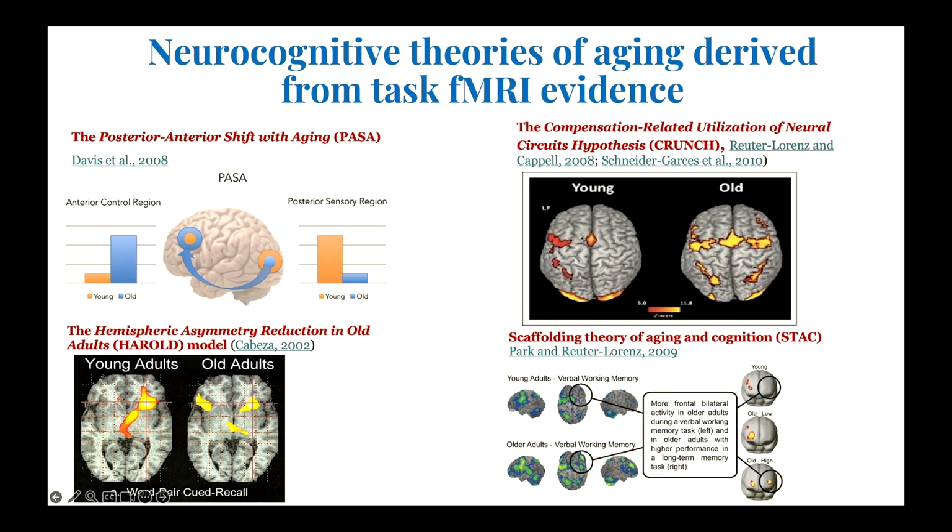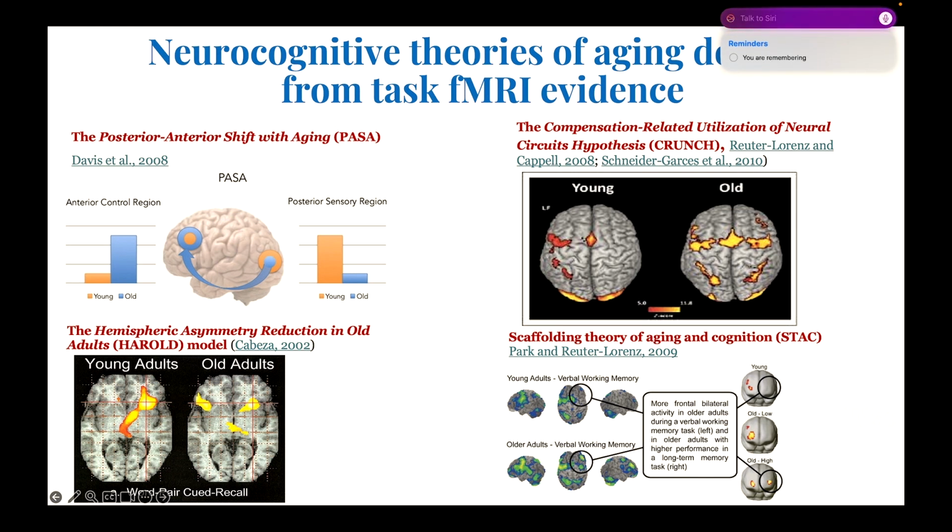And finally, by putting these three ideas, PASA, HAROLD and CRUNCH, together, cognitive neuroscientists talked about what is known as the scaffolding theory of aging and cognition. They said that when you are doing a verbal working memory task, that means remembering words and then trying to recall them from memory, you have more frontal bilateral activity in older adults.